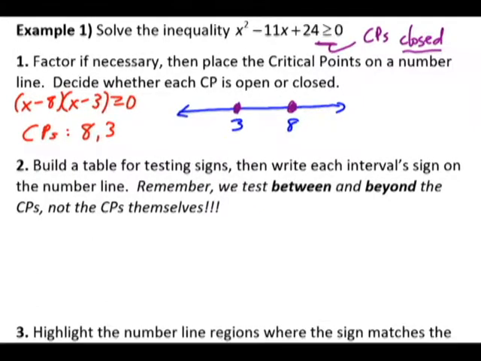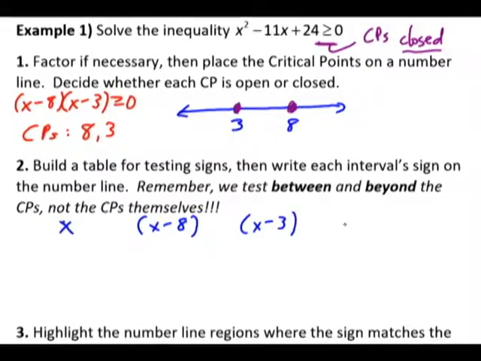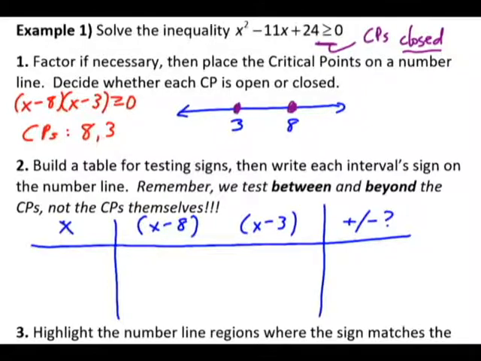Now we can build our table for testing based on the factored form of the polynomial. We'll have 3 regions to test, and so here are the values I'm going to run through.